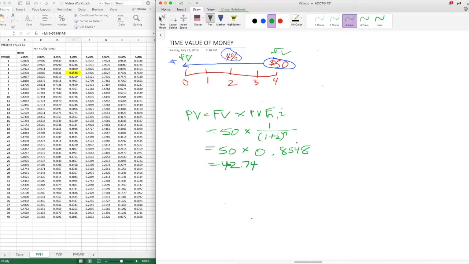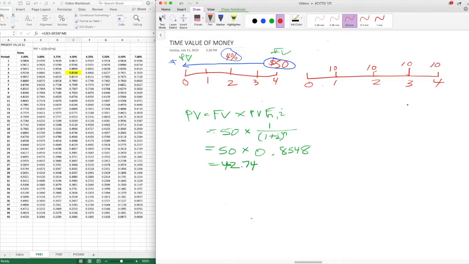But we have other scenarios even still. And these are the ones we're going to run into mostly in this chapter. If I have a situation here, we'll just stick with 4 periods. And someone is going to give me $10 at the end of each of the next 4 years here.